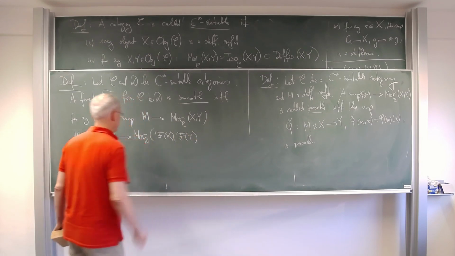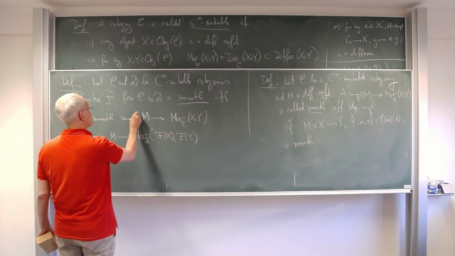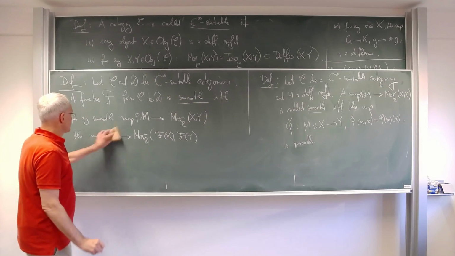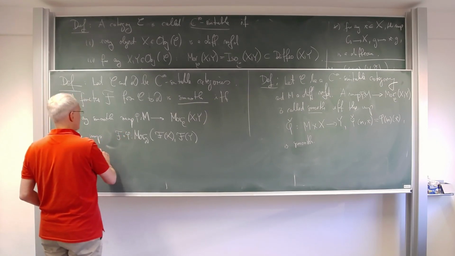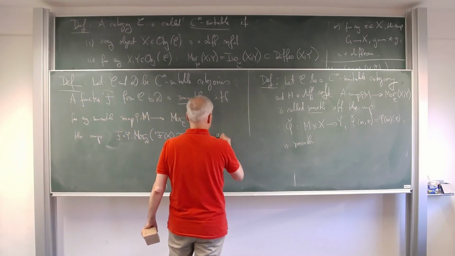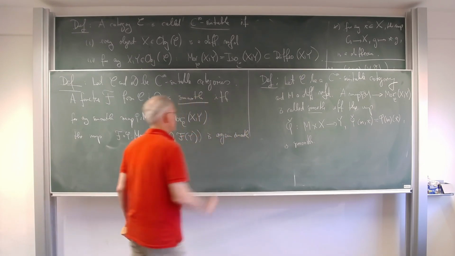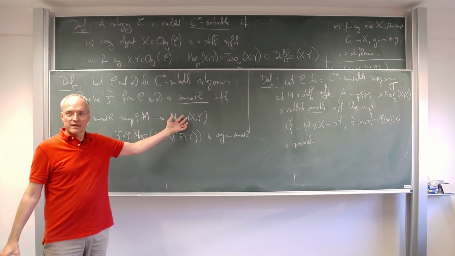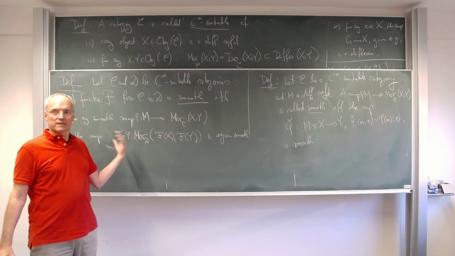These are now morphisms in D. So if this map phi is smooth, then the map given by composing with the functor is also smooth. So you could say, if you have a smooth family of morphisms in your first category and you apply the functor to everything, then you get again a smooth family.